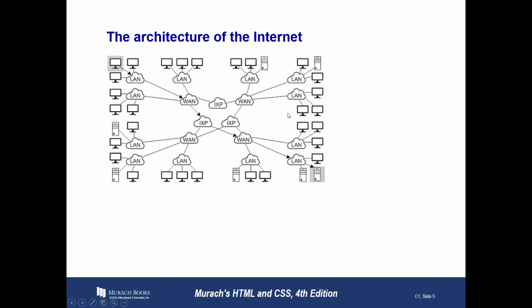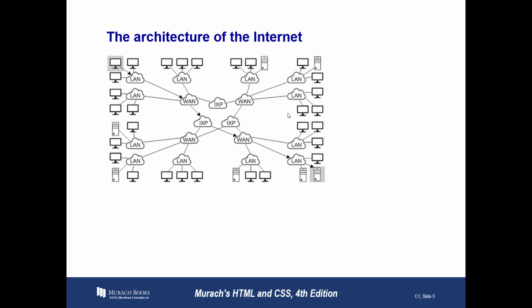All right. The actual architecture of the internet, if you see this, and it's pretty ugly, but if you look closely there, you can see more than anything else, you've got LAN and you've got WAN. A LAN is a local area network where computers are typically connected together, either in the same room or in the same building, etc. The computers in the room here that I'm working in, they're connected together with a local area network.